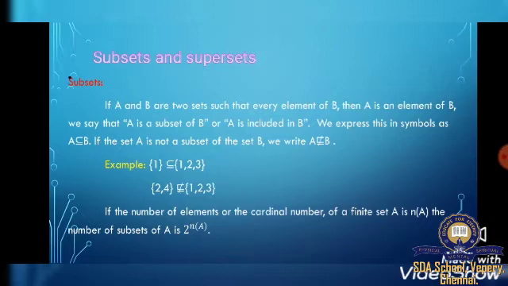In the same way, {2, 4} is not a subset of {1, 2, 3}. If the cardinal number of a finite set A is n(A), the number of subsets of A is 2 to the power n(A).